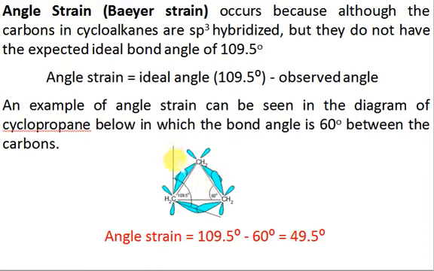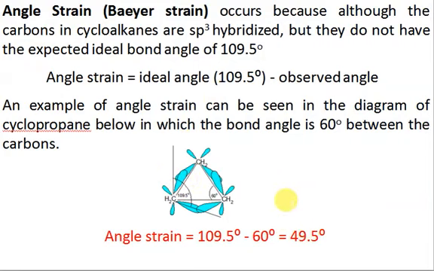The angle should have been 109.5 because the carbon is sp3 hybridized, but the observed angle is 60 degrees. So you can calculate the angle strain: 109.5 minus 60 degrees, that's 49.5 degrees. So we say that cyclopropane is strained by 49.5 degrees.